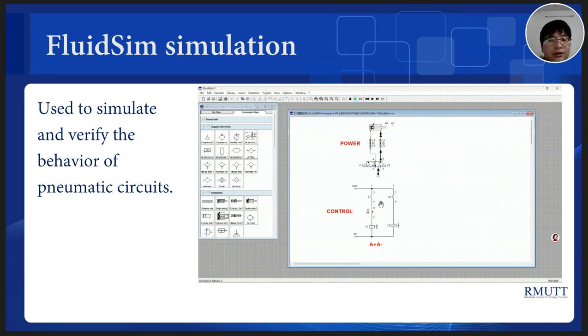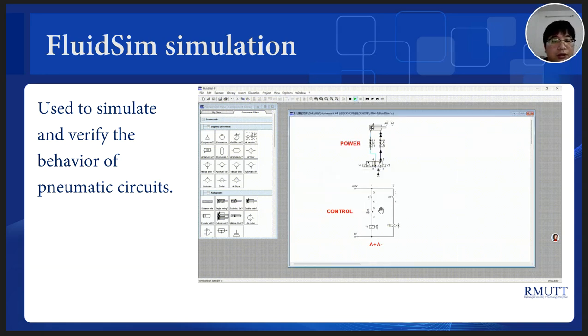This page shows the FluidSim simulation. FluidSim was used to simulate and verify the behavior of the pneumatic circuits.